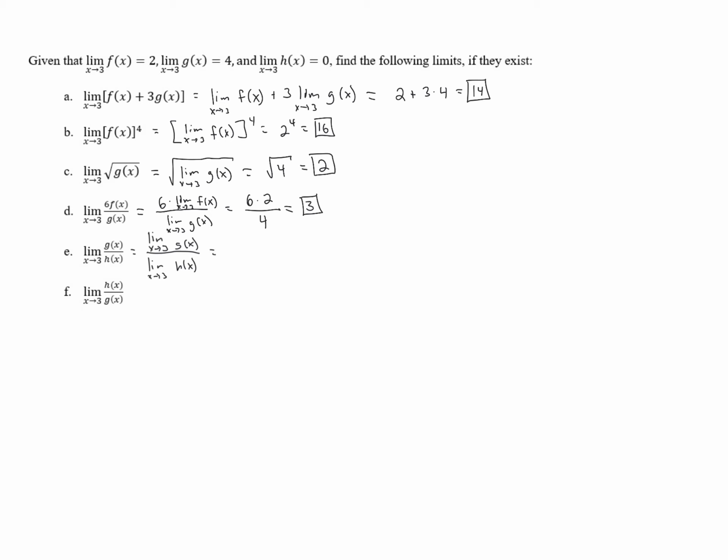The problem here is that we end up with 4 over 0, which is undefined. And so in this case, we can't actually separate the limits like that. And in fact, the limit does not exist in this situation because we can't divide by 0.